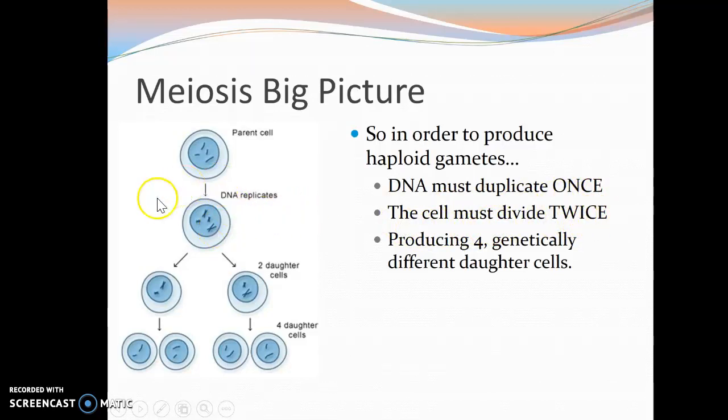So the DNA is replicated once, but you have two cell divisions, and it produces 4 genetically different daughter cells. It is key to remember that during meiosis, the cells that are produced are all different from each other. They are not identical, but they are all genetically different.